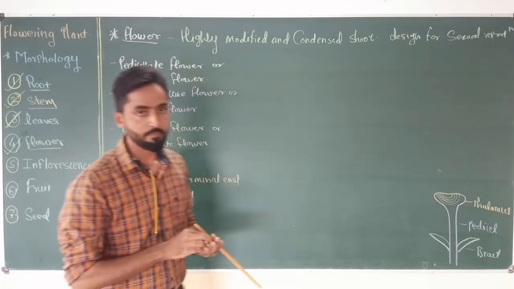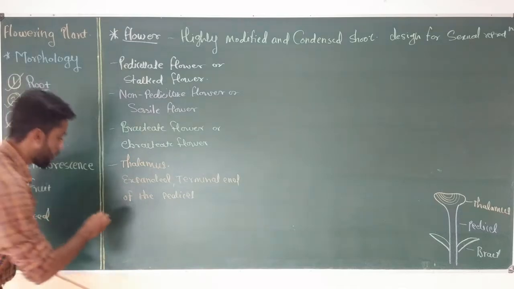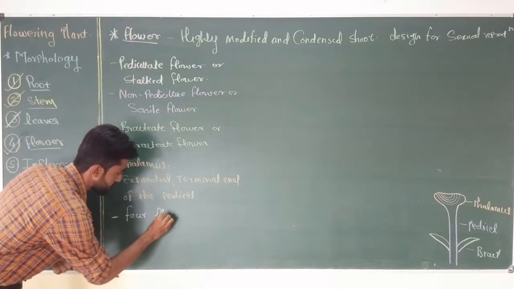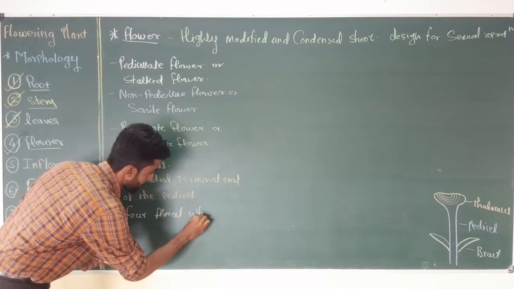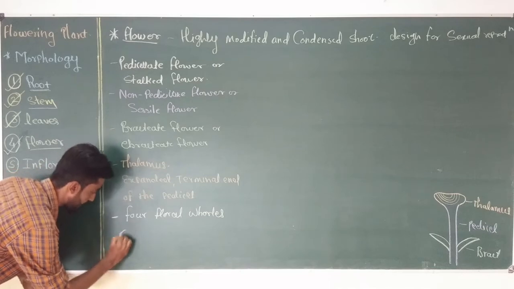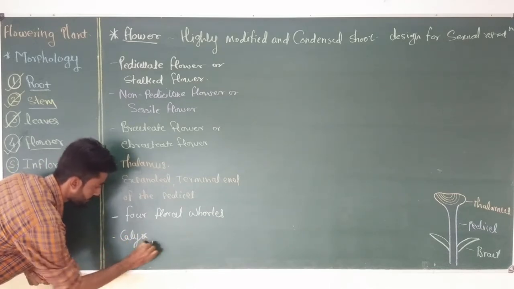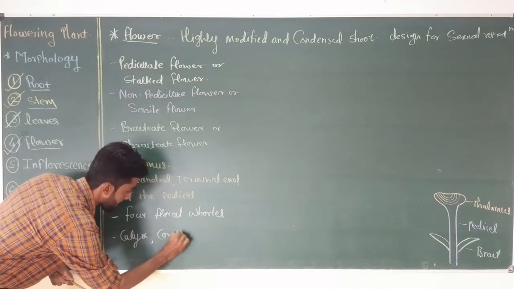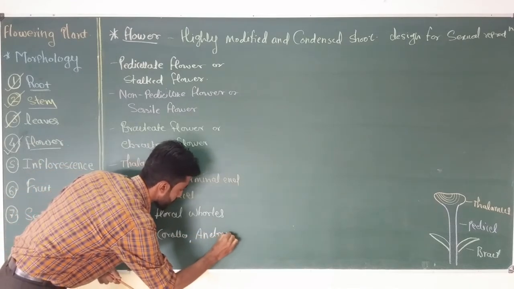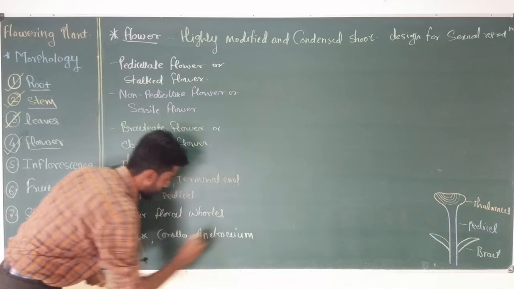So a typical flower in an angiospermic plant has 4 floral whorls, and they are calyx, corolla, androecium, and gynoecium.